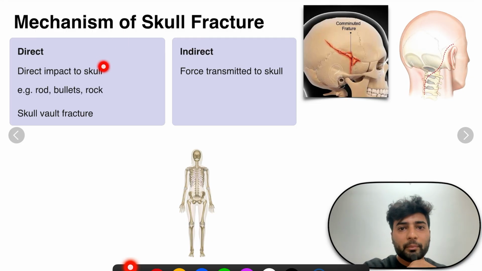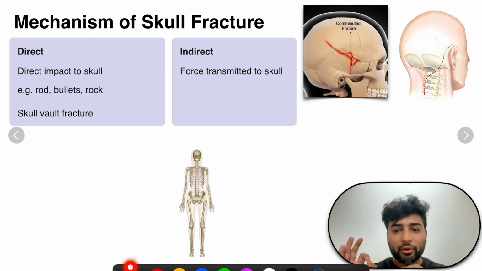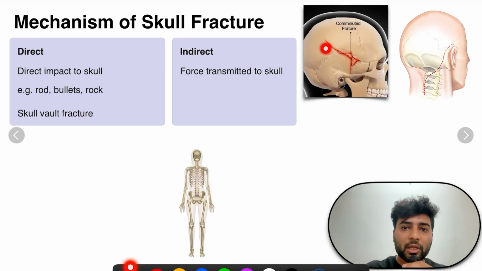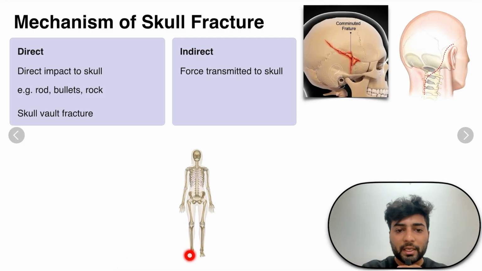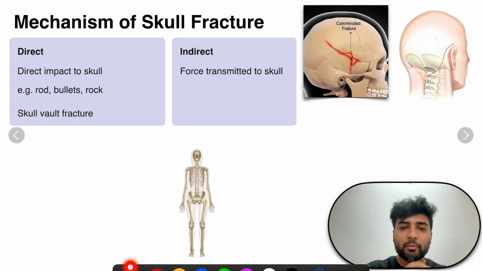See, the mechanism of skull fracture: whenever there is a direct impact, a direct impact by any rod or bullet can cause a skull vault fracture. But whenever a person falls from height and lands on the feet, the force is transmitted from the feet towards the pelvic bone, to the vertebrae, and here to the base of the brain.